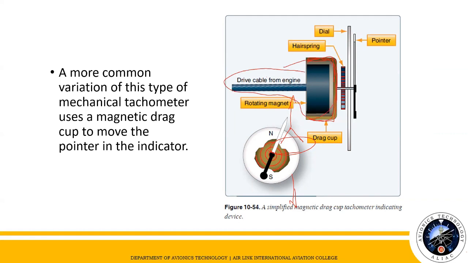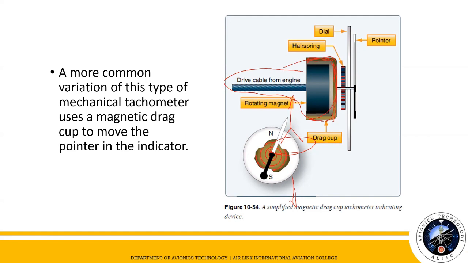As the magnet is rotated by the engine flex drive cable, its magnetic field cuts through the conductor surrounding it, creating eddy current in the aluminum cup. So yung current flow creates its own magnetic field which interacts with the rotating magnetic flux. So yung result, the cup tends to rotate and with it the indicating pointer.